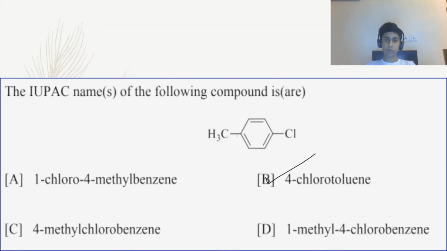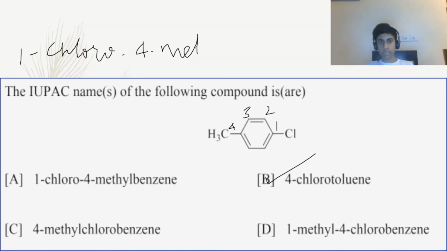Now we can see that chlorine and the methyl group, we could treat them separately. Chlorine would have more priority, so we would have 1-chloro, and 4-methyl, because we started from 4.